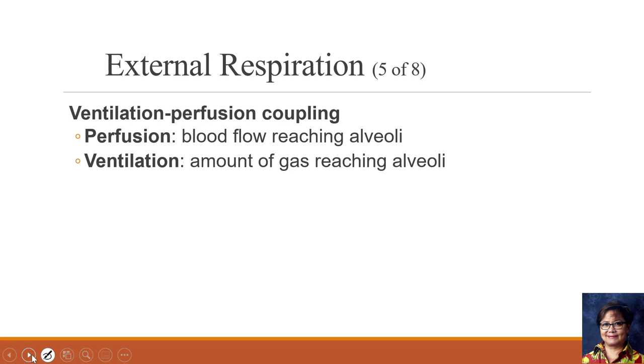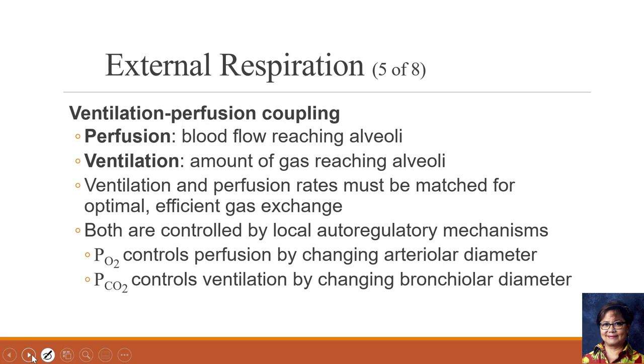And no matter how plentiful your capillaries are in your lungs, if there isn't enough gas outside, then you're not going to be breathing either. So both of them must be in the right amount so that they can help each other. They should be matched for optimal, efficient gas exchange. Both are controlled by our local auto-regulatory mechanism.